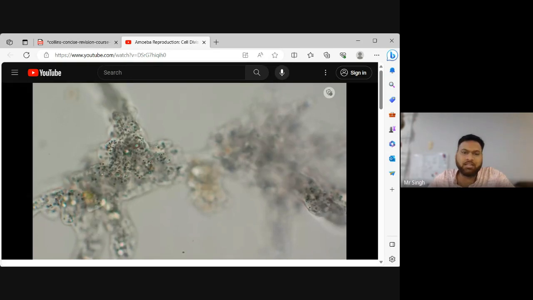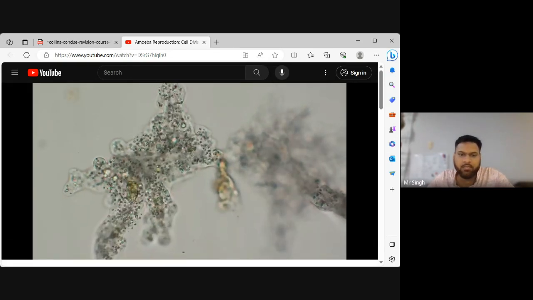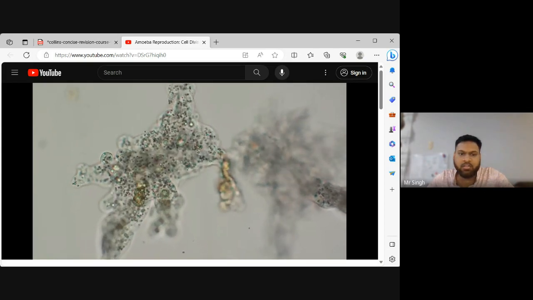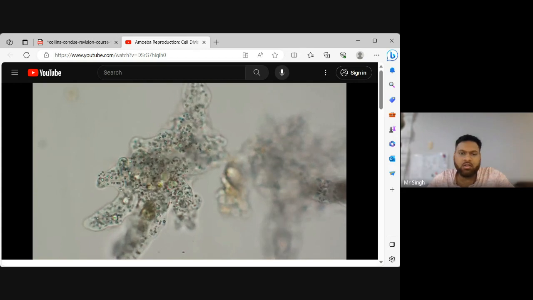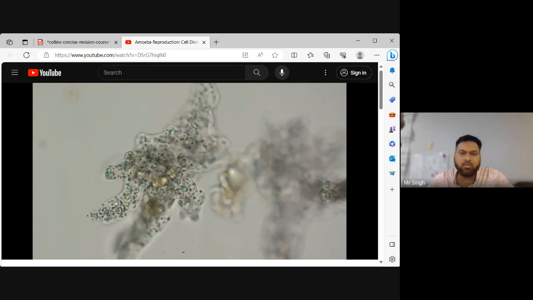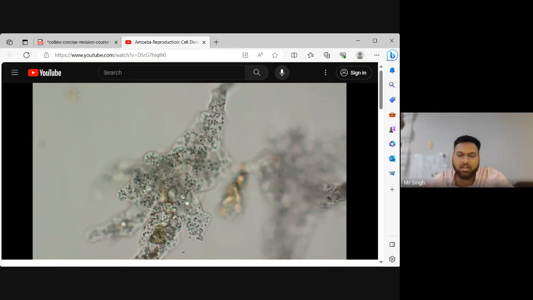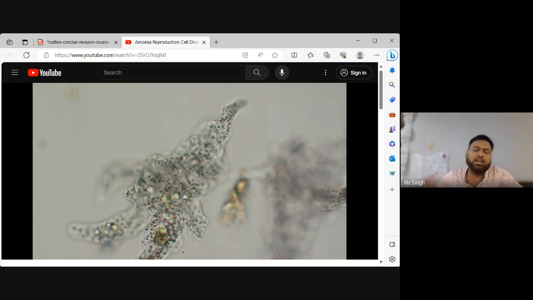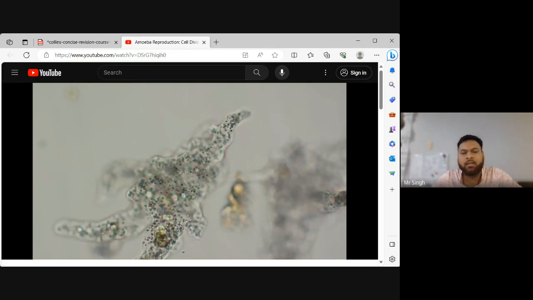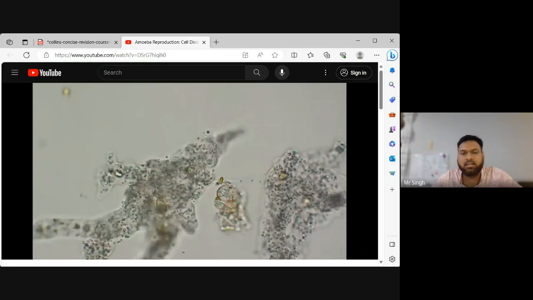So what has happened is that the amoeba, you see just there, it's trying to pull away from the other amoeba cell. Look at it, it's just going to pull away now. The microscope is trying to focus, but it can't focus on the two things at the same time. That's why the one in the back is a little bit more blurry, and the one in the front is more in focus.